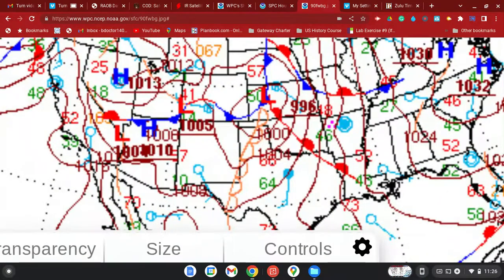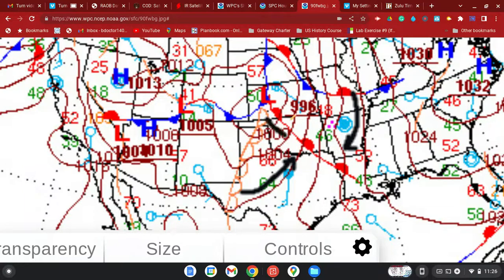It means a cold front is bringing cooler air, but the areas behind it are cooler than the areas in front of it. Okay, and it's the opposite with a warm front. Behind a warm front, the temperatures are warmer, and in front of it, the temperatures are cooler.